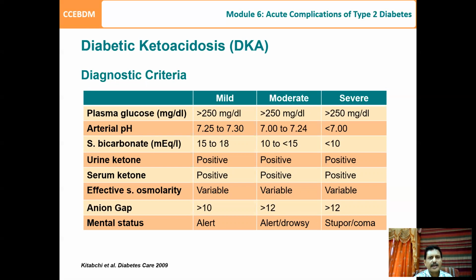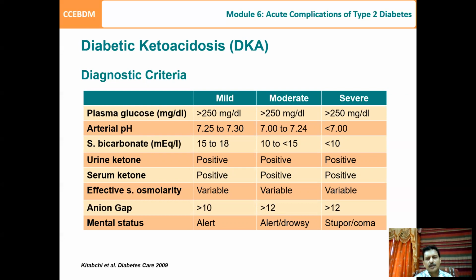But it also depends on the serum bicarbonate level. It basically goes hand in hand. If the pH level goes down, the bicarbonate level also goes down. And you must have positive urine ketone, serum ketone. Osmolality is variable and there must be an anion gap. The mental state also changes with respect to change in the arterial pH and the bicarbonate level.